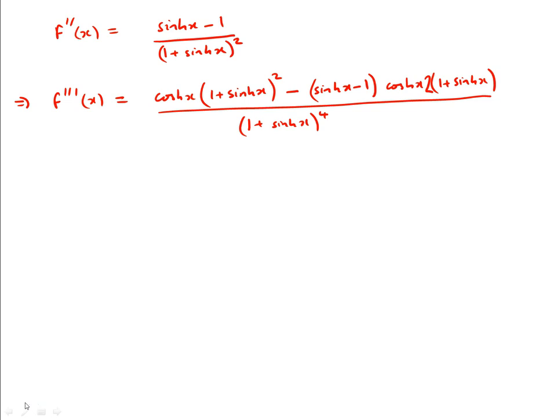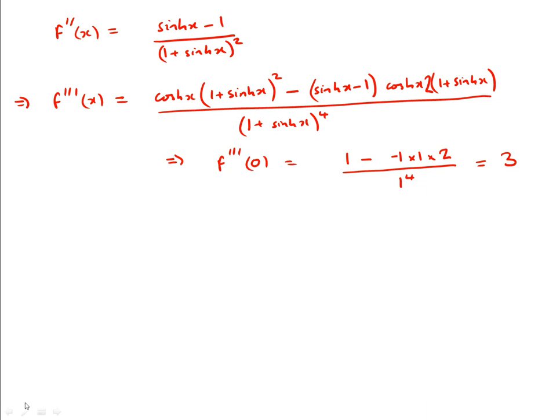We need the value of the third derivative when x equals 0. Again, we're not going to do any simplification of the expression for the third derivative. We'll simply substitute in x equals 0. So the third derivative when x equals 0, we've got cos of 0 is 1 times by 1 plus sine 0, that's itself 1 squared. So the first term is simply 1.